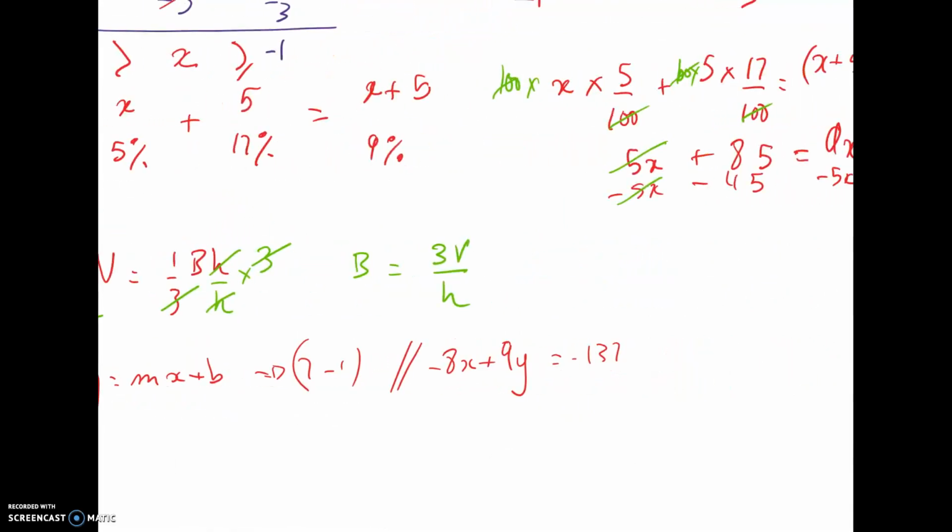The first thing you want to do is make sure the second equation is also written as y equal mx plus b. For that, you add 8x to both sides, and then divide. So you have 8 over 9 x minus 137 divided by 9. So the slope of your second line is going to be 8 over 9.